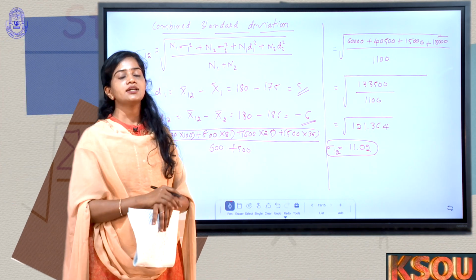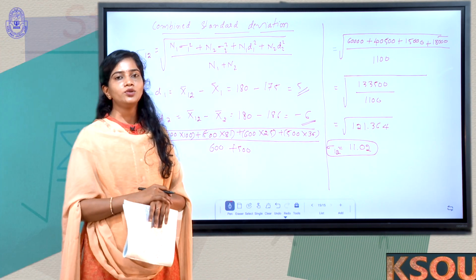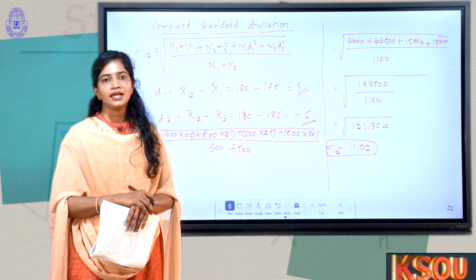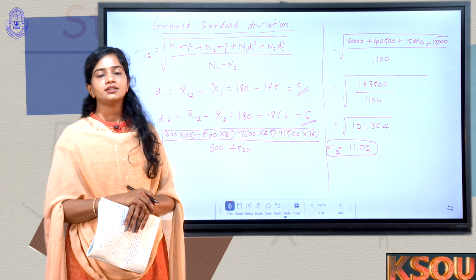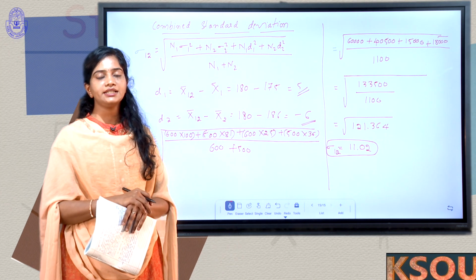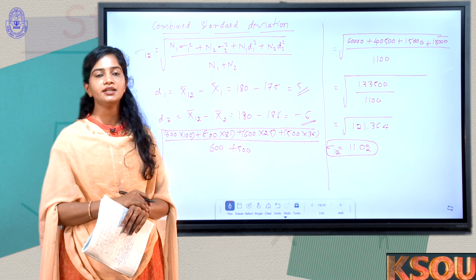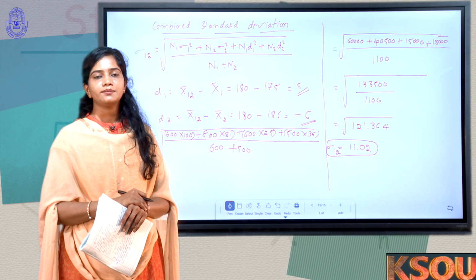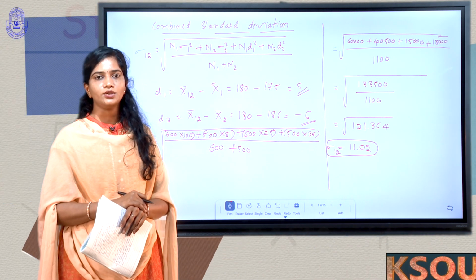So from this we come to know a few merits and demerits. It is helpful to calculate the data regarding the measure of dispersion, and here it will not be affected by the extreme values.